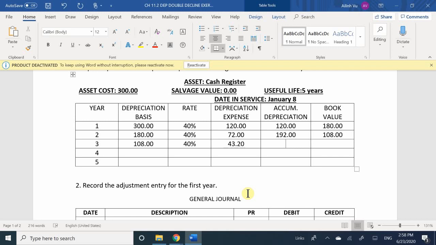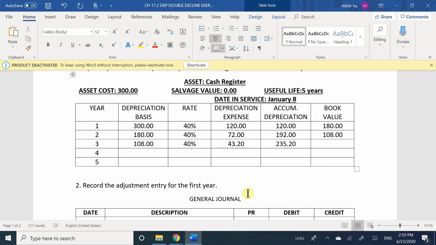Okay, David, what was last year's accumulated depreciation? 192. Okay, and we're going to add the current year's depreciation expense. And it'd be 235.20. Yes, 235.20. That's why that answer didn't make sense. Correct.